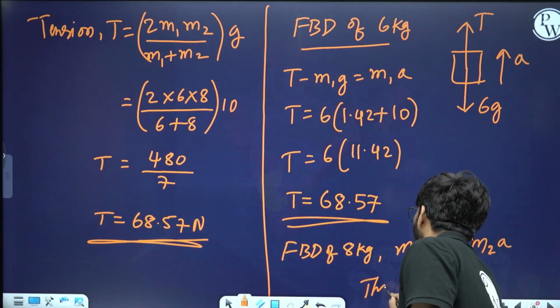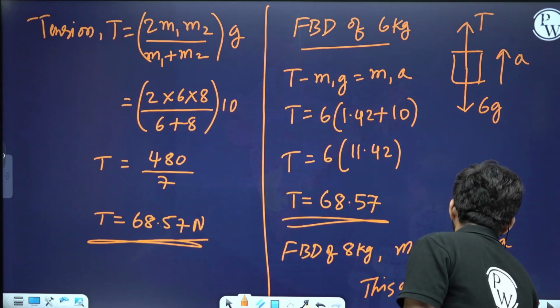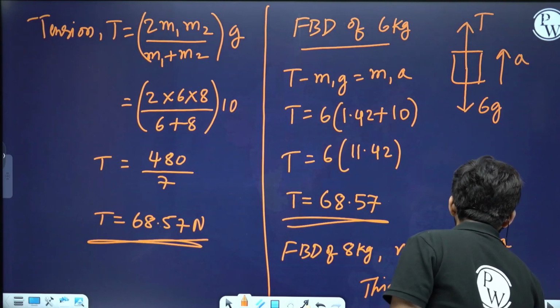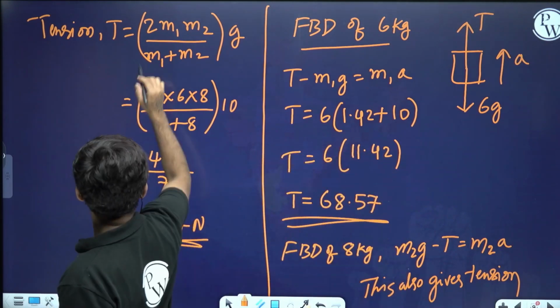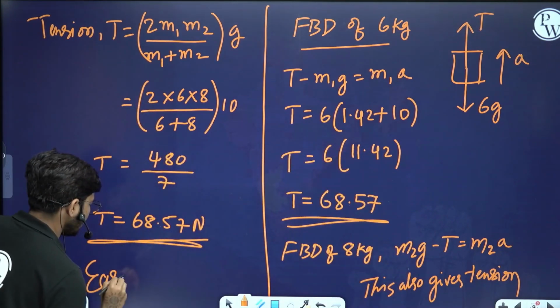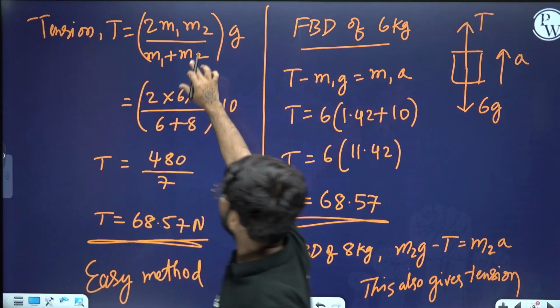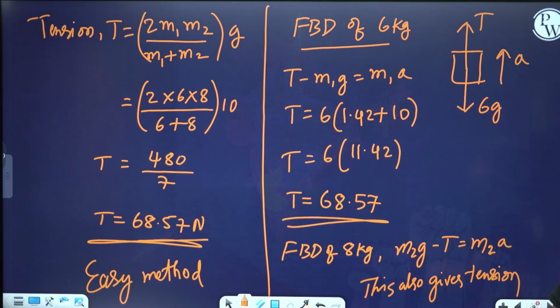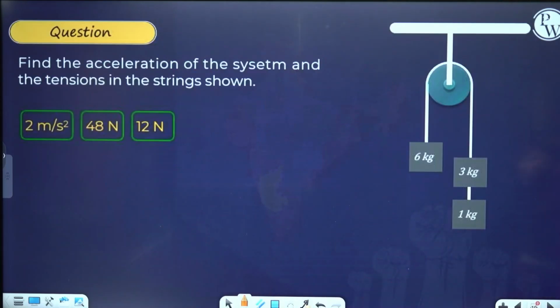This also gives tension. But which one is easy? This one is easy, right? This is the easy method. By remembering the formula, you are able to quickly get the answer. So remember the formula for tension and acceleration. We can directly get the answer.